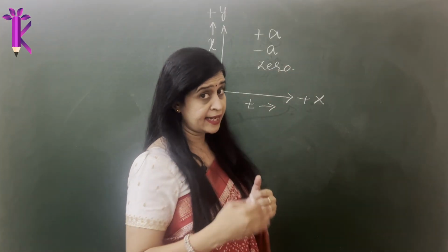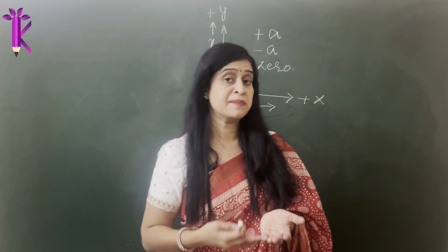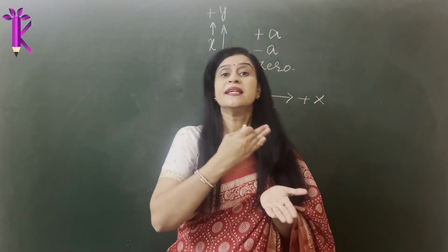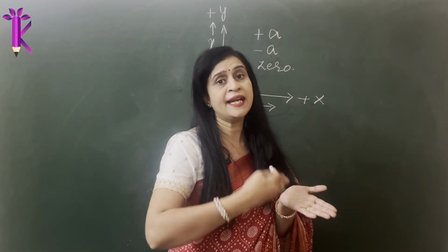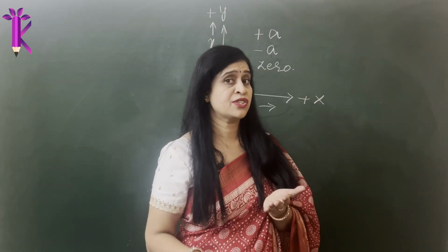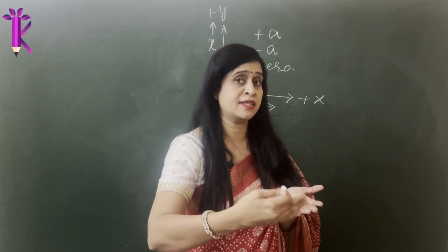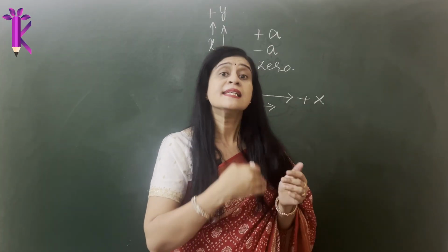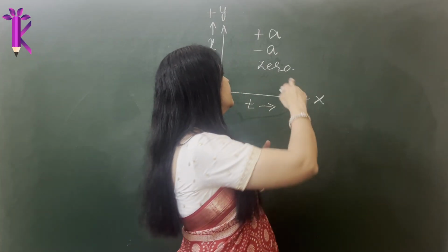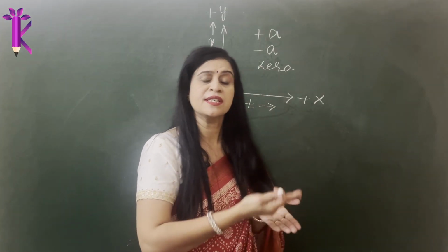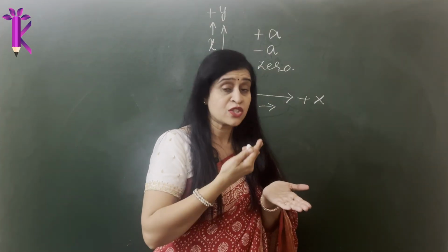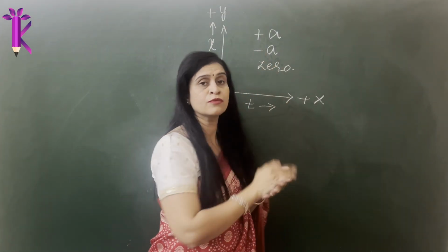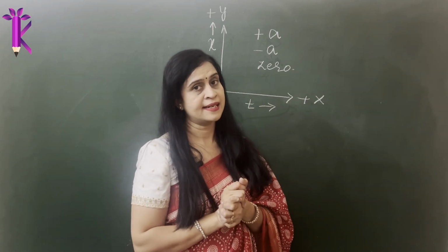Okay, so when I say positive acceleration, by that I mean the change in velocity with respect to time for an object is increasing. Here the change in velocity with respect to time is decreasing for negative acceleration.